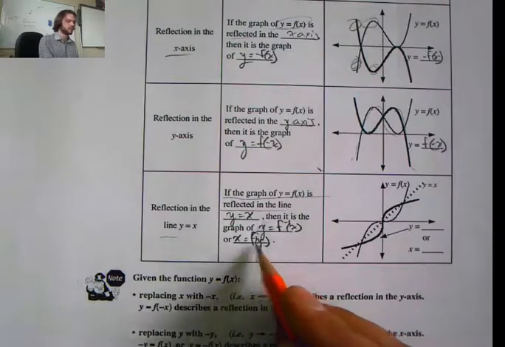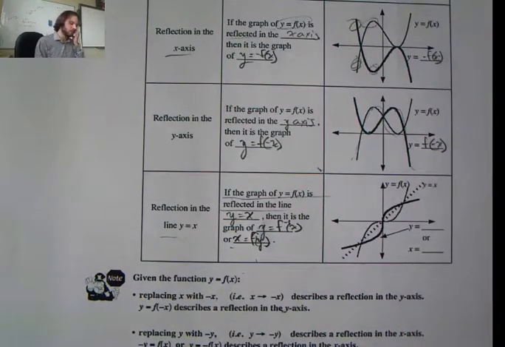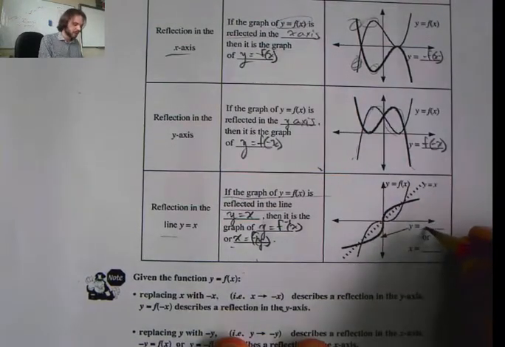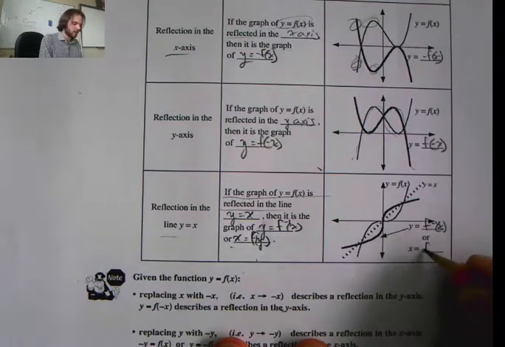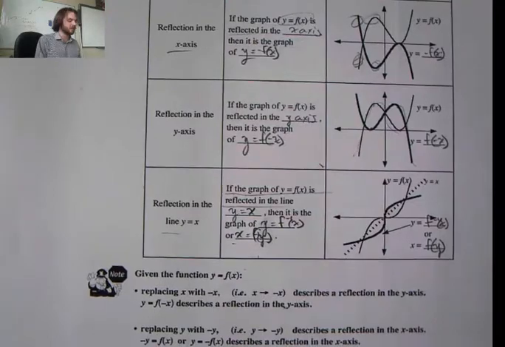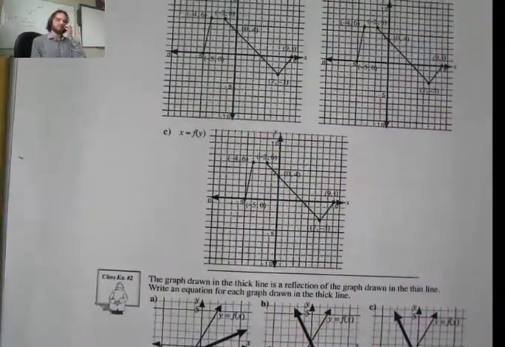Okay? Because my x and y values are switched, right? What was x is now y. What was y is now x. We learned that a couple lessons ago. So let's continue on here.